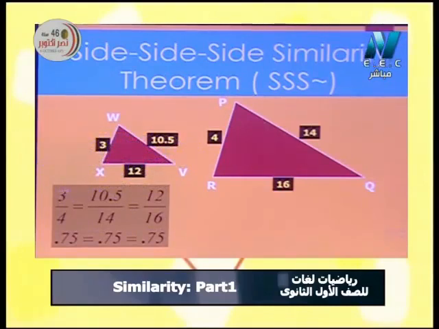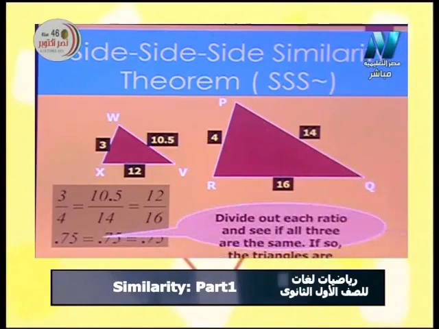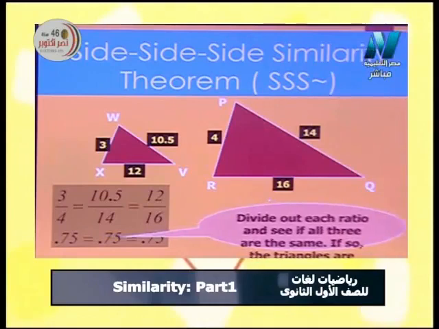The smallest side of the first over the smallest side of the second equals the biggest one over the biggest one. The ratio here will be the answer. Divide out each ratio and see if all three are the same. If so, the triangles are similar.